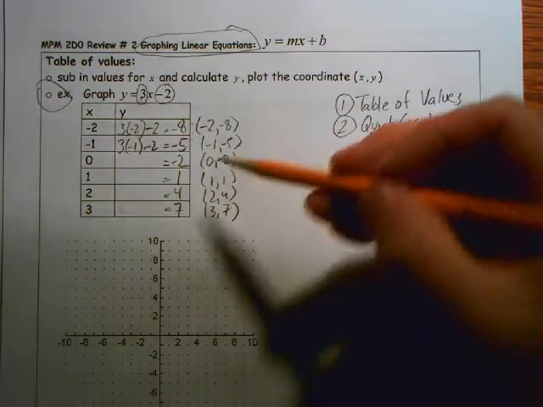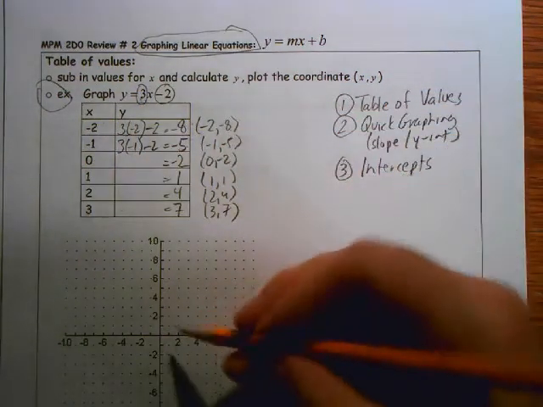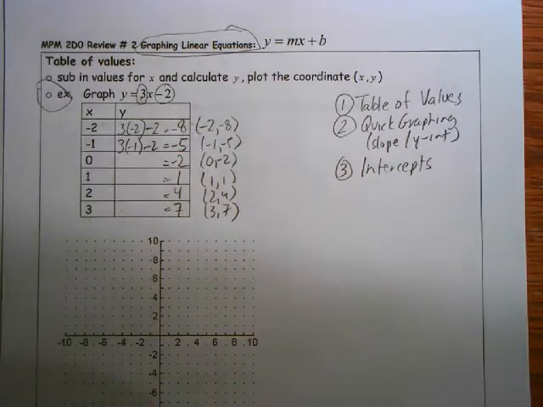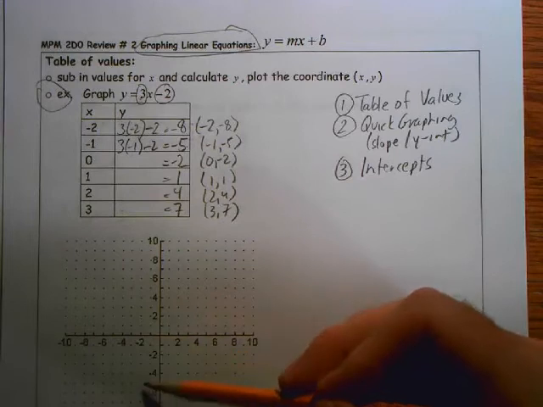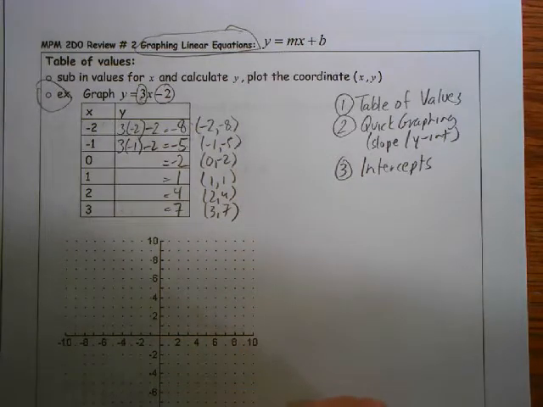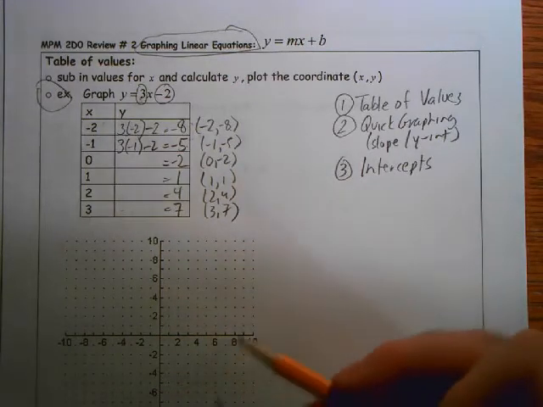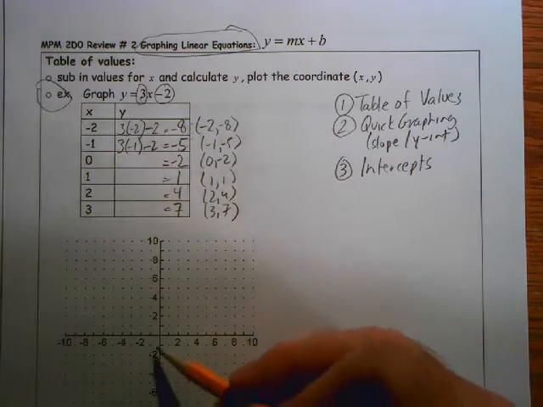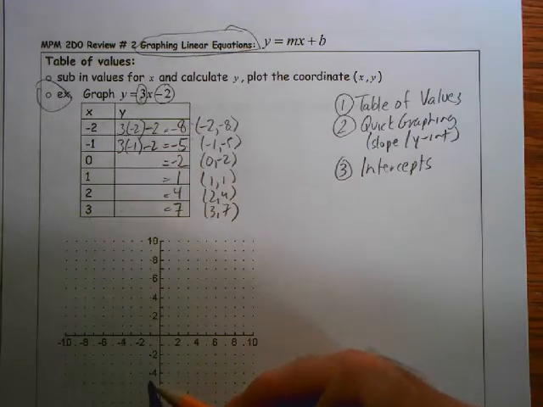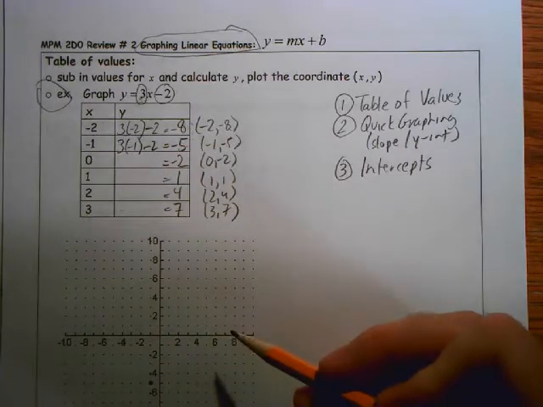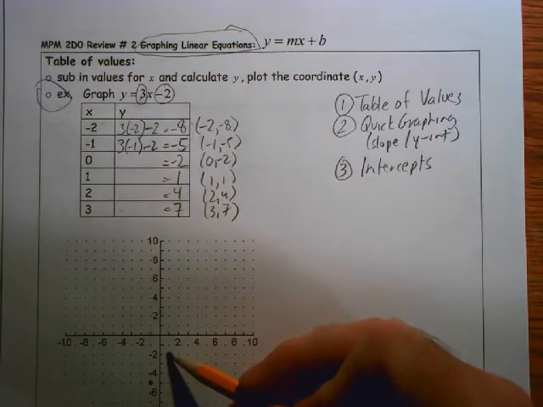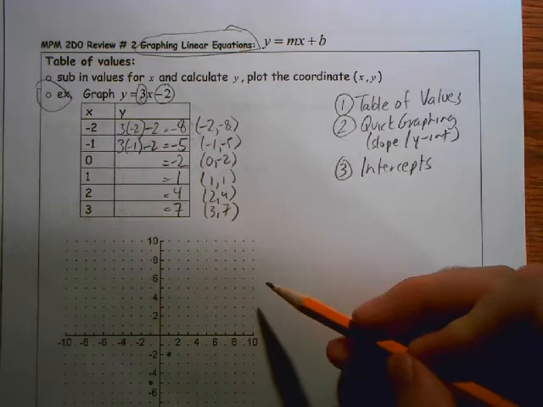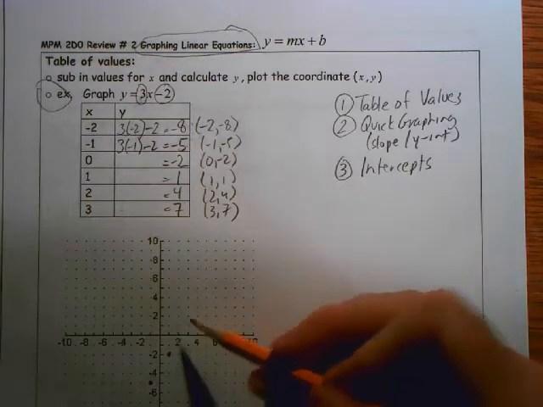Now we can take these points and plot them on the graph. So I've got negative 2, negative 8. So that's go to negative 2, down to negative 8. Got that. Negative 1, negative 5. And as you're drawing this, you're looking at the graph going, I hope this is a straight line. And it looks like it is so far. 1, 1.